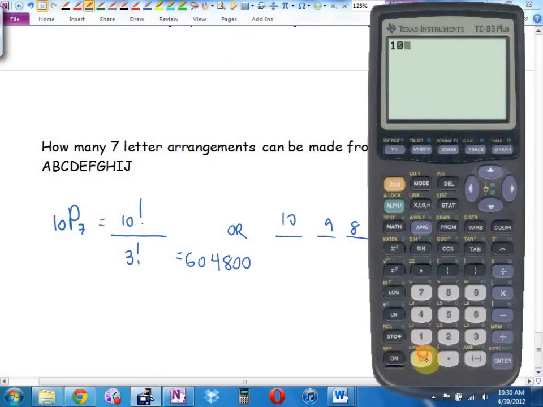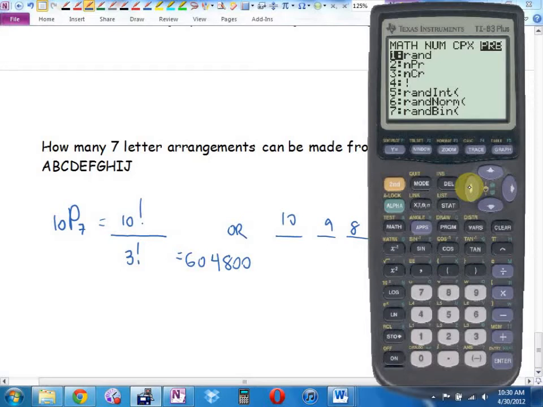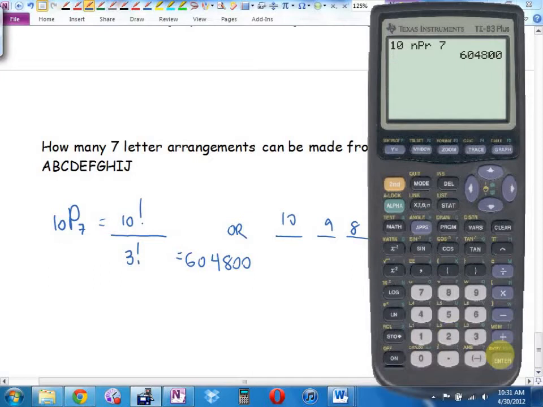Type 10. Math. Left arrow. Is there an nPr that appears anywhere there? Oh, what number is this one? 2. How many objects am I permutating? How many am I picking? 7. Does that also give you 604,800? So you have it built in. There's your shortcut.